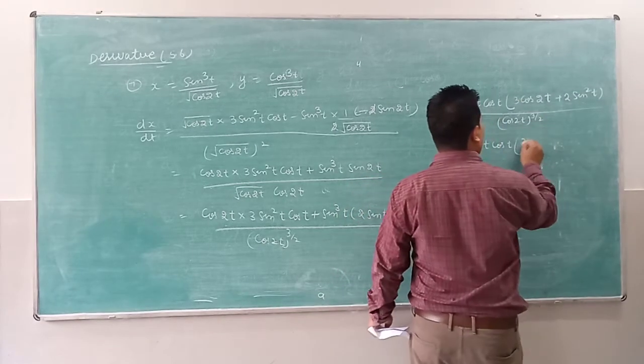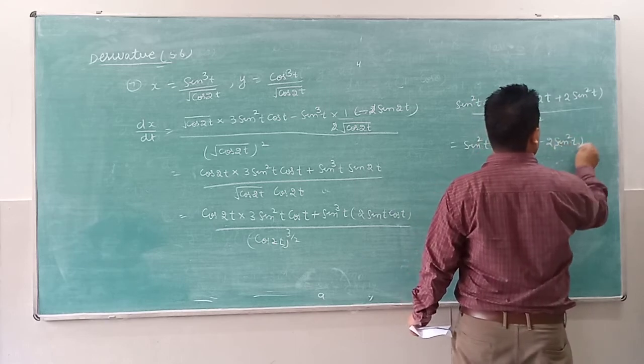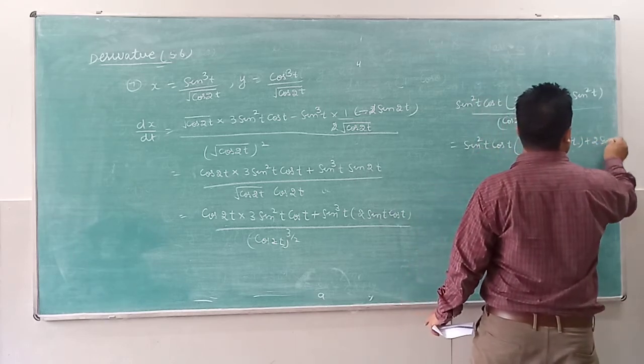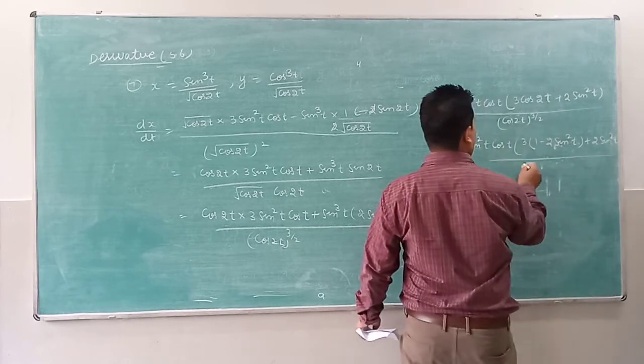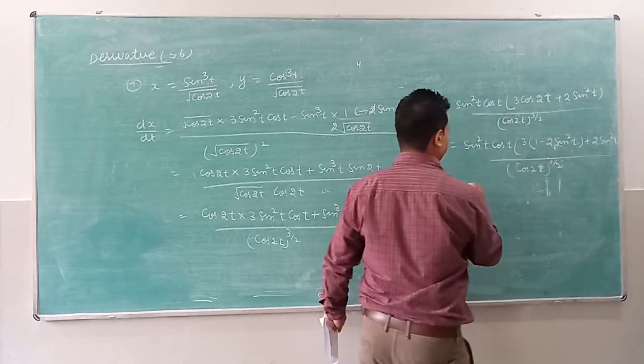Here we use the formula of cos 2t in terms of sin, that is 1 minus 2 sin²t. So 3 minus 6 sin²t plus 2 sin²t upon cos 2t whole power 3/2.